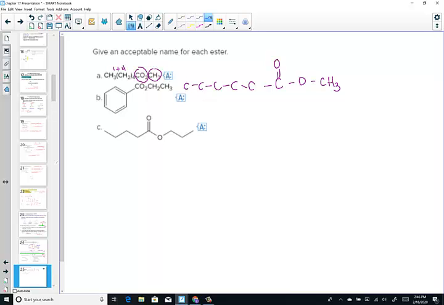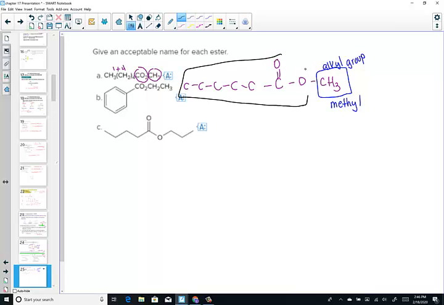So the first thing we want to do, let's locate the alkyl group. And that alkyl group is attached to just the oxygen side, and this would be called methyl. On this side, we want to locate what we would call the carboxylic acid parent. So this would have 1, 2, 3, 4, 5, 6 carbons in that carboxylic acid parent.